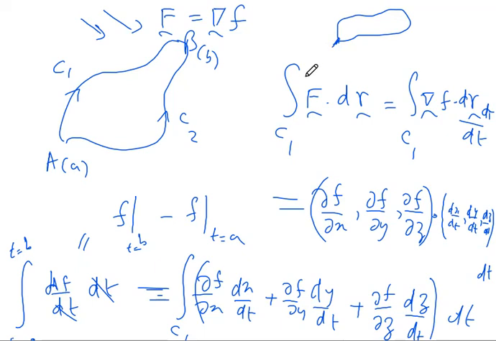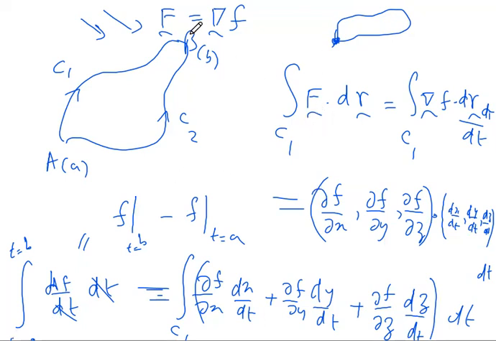So if you move this particle under this conservative field along this closed path, you get zero work done.